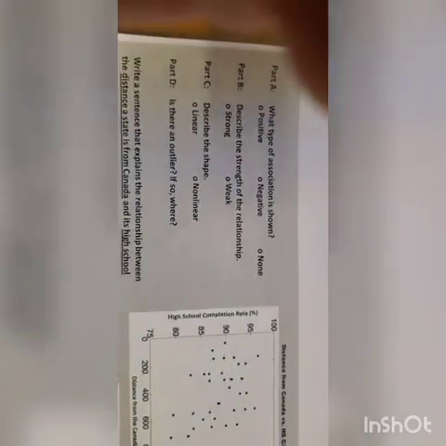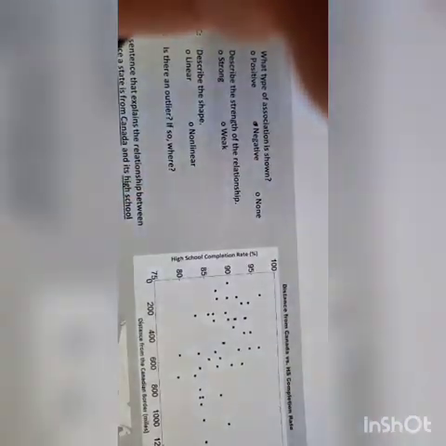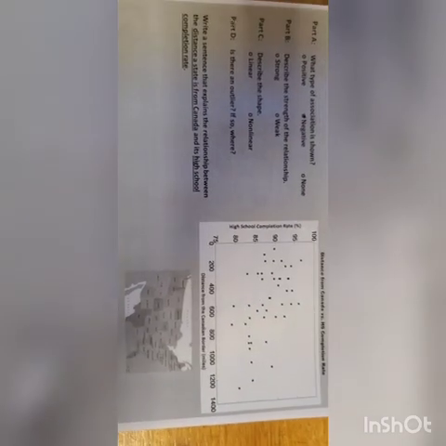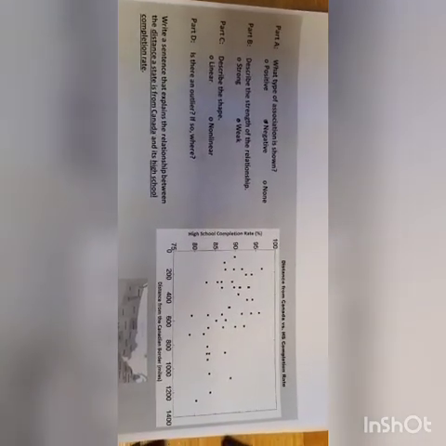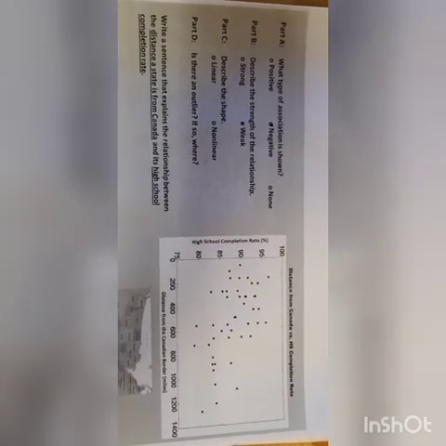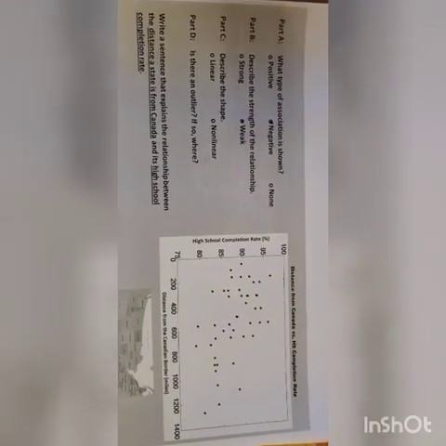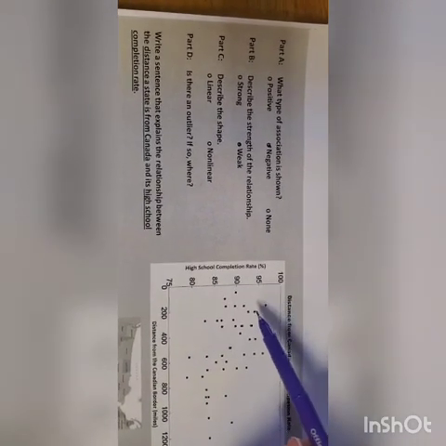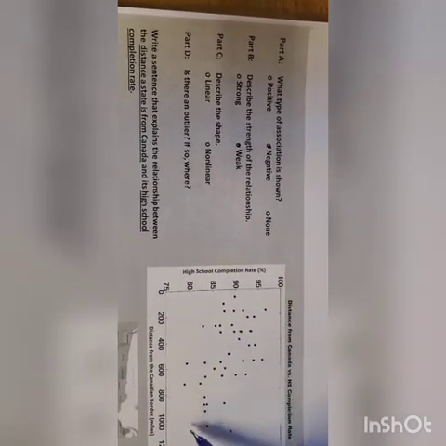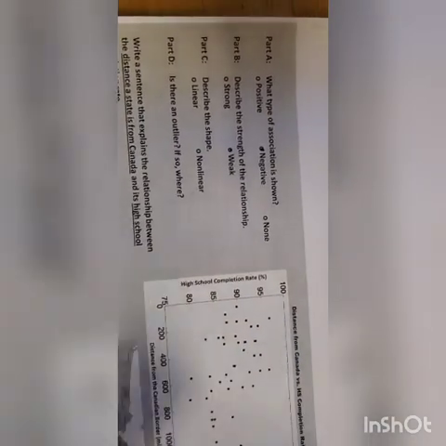Now, the first question here is what type of association? So we're going to go ahead and mark negative. Describe the strength of the association. So we've already said that when we look at the shape of the graph, we can see that it starts high and goes low in a linear fashion, like it continues to decrease.